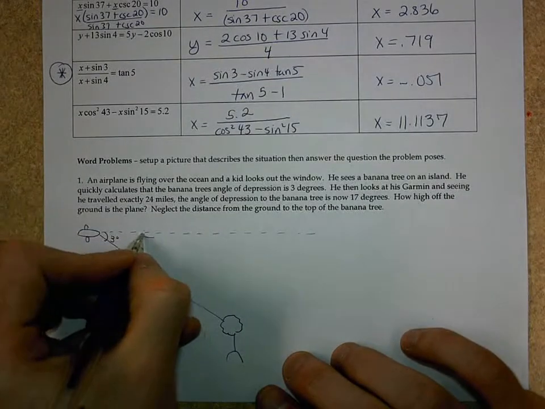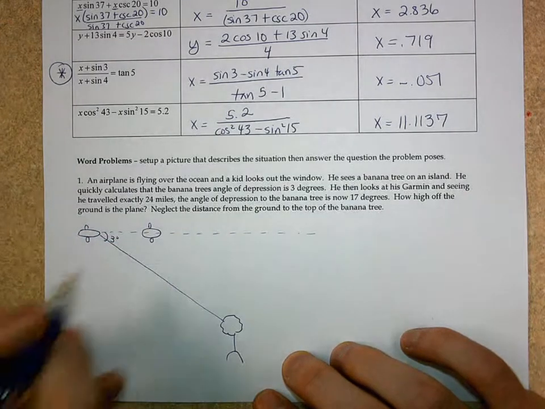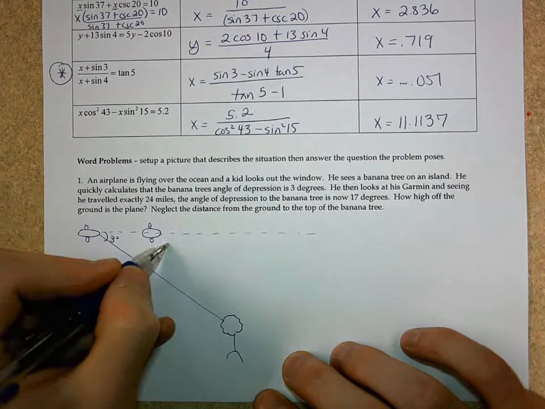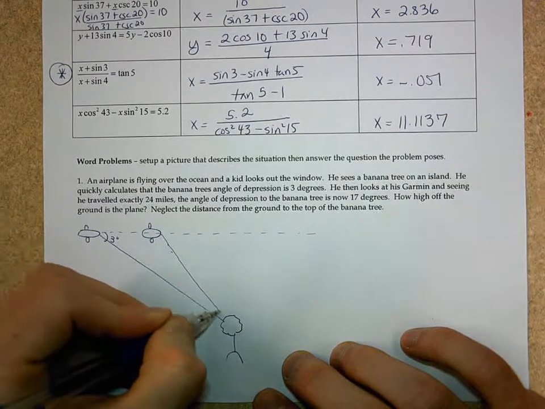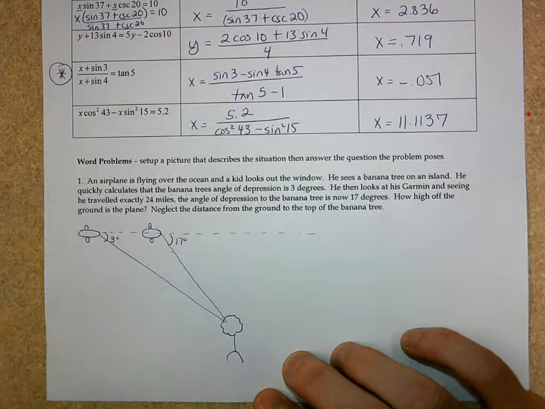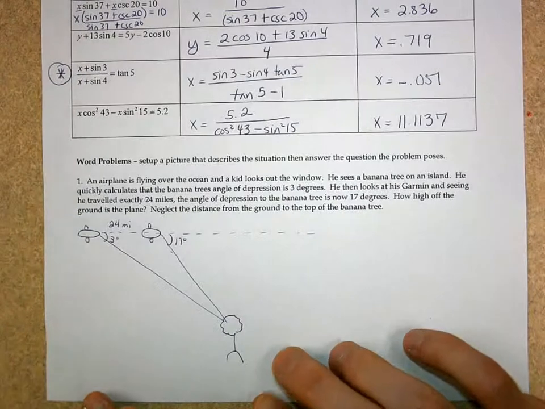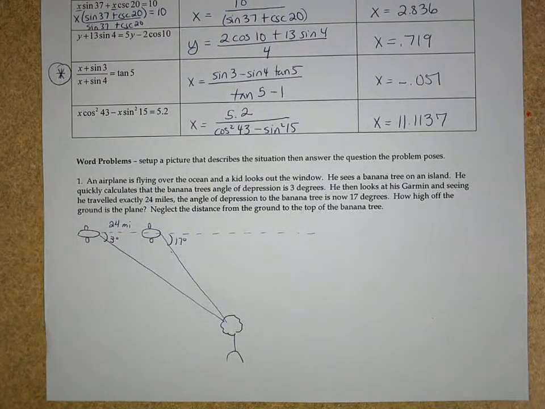The plane then travels further. Kid looks out again, and the angle of depression is now 17 degrees. And we know the distance traveled is 24 miles. The question then is, how high off the ground is the plane?